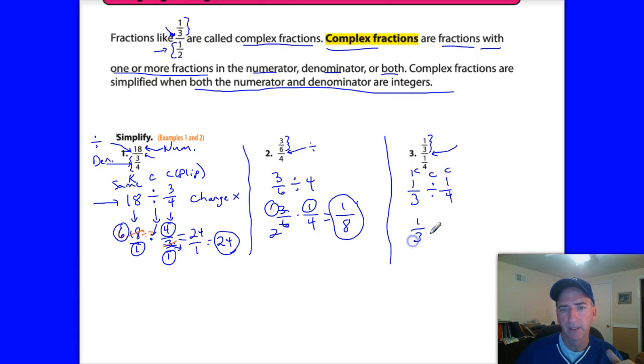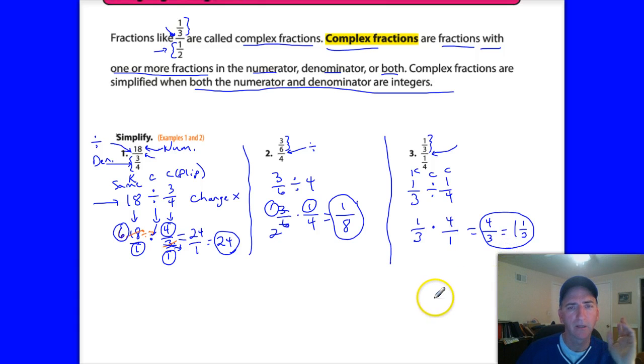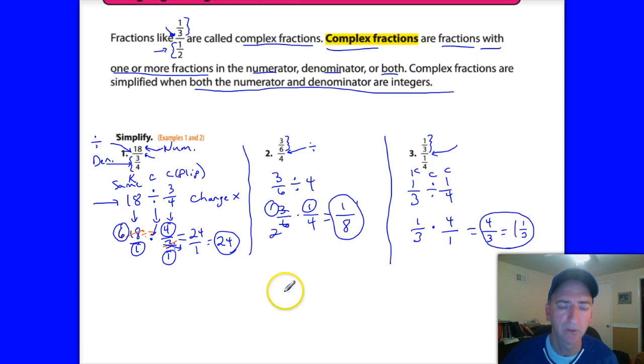Keep 1/3, change to multiply, change 1/4 to the reciprocal. Look for common factors. We've got 1 and 4 on the top, 3 and 1 on the bottom. There are none. 1 times 4 is 4. 3 times 1 is 3. 4/3 is equal to 1 and 1/3. And there you go.